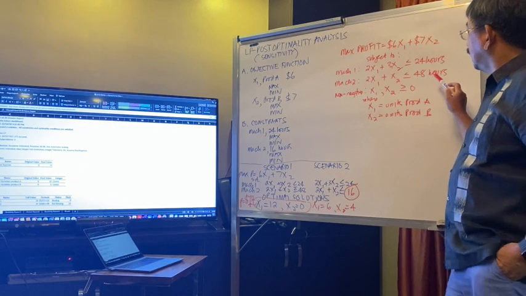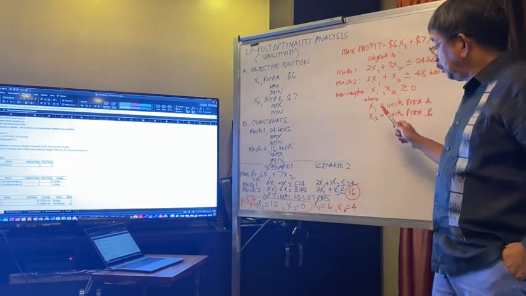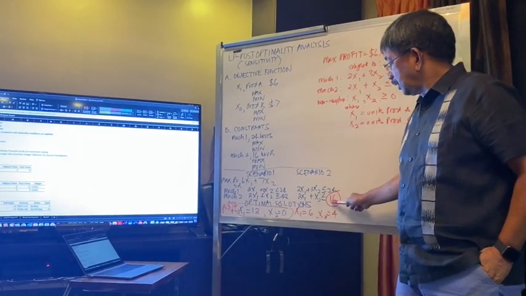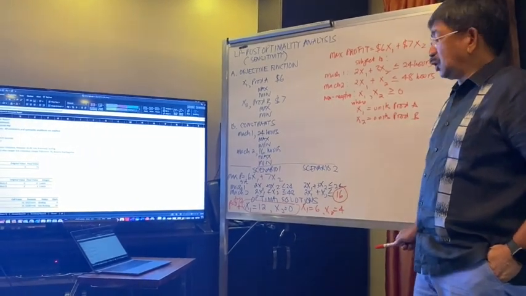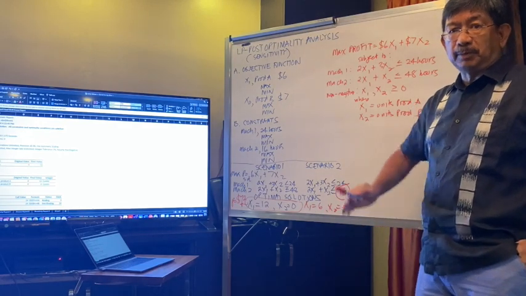Right now the constraint is 48 hours; I'm going to reduce it to 16 hours. What will be the impact in terms of optimal solution and in the post-optimality analysis? We'll show you in a while.